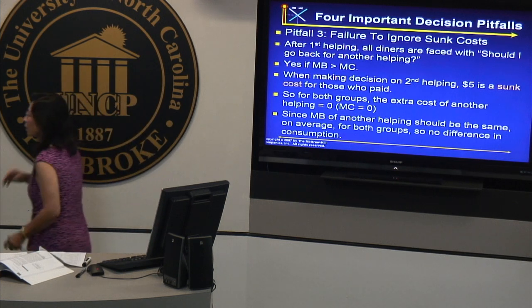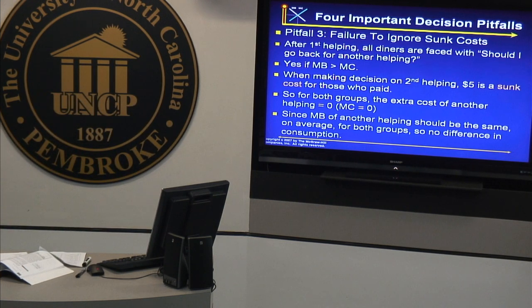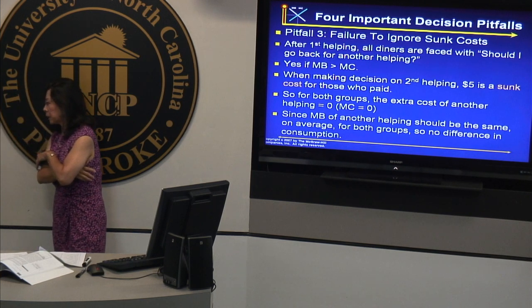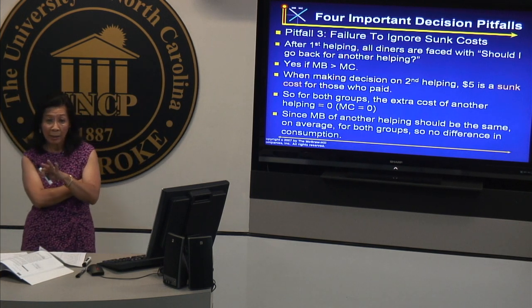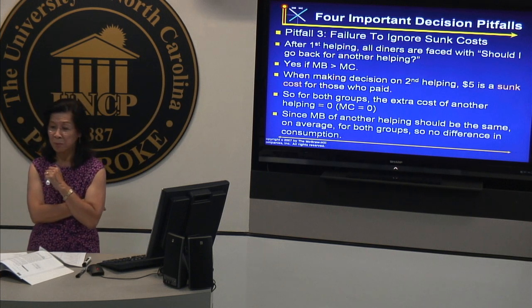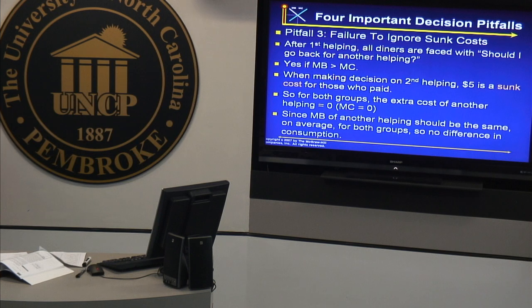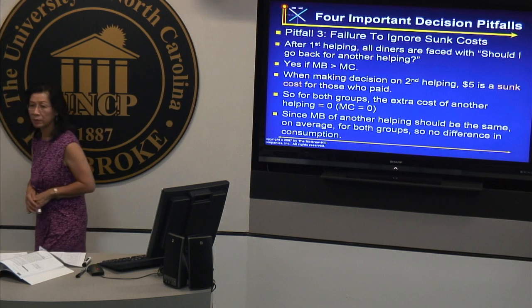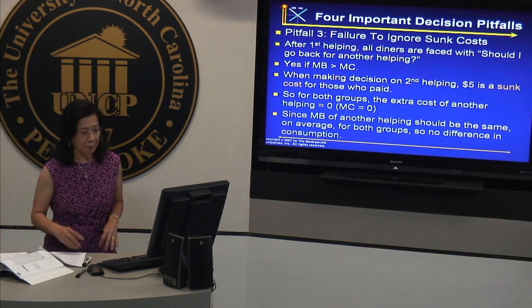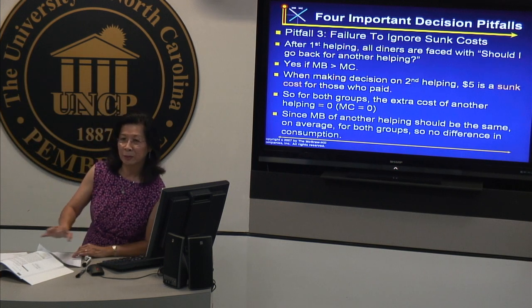Then the next thing to consider is the marginal benefit. We're assuming that the marginal benefit of another helping, on average for any given person, should be more or less the same for both groups, so no difference in consumption in this case. If you need more explanation, it's in the book.